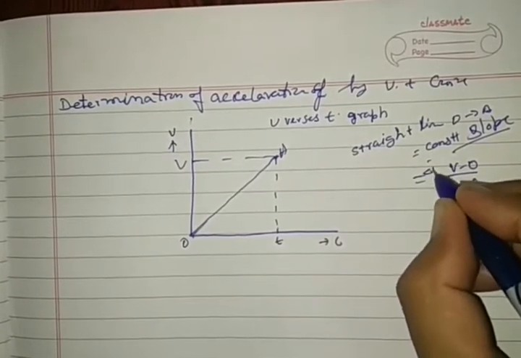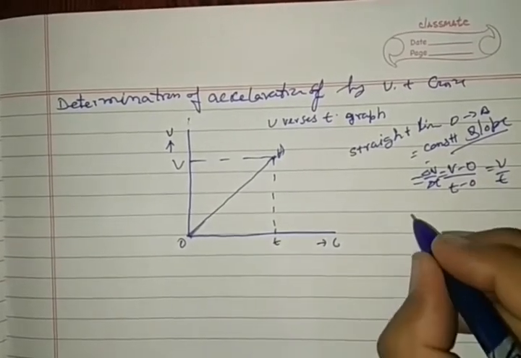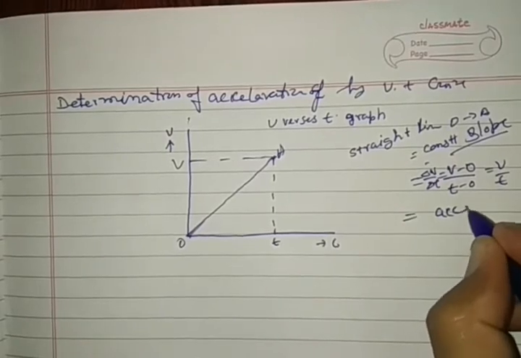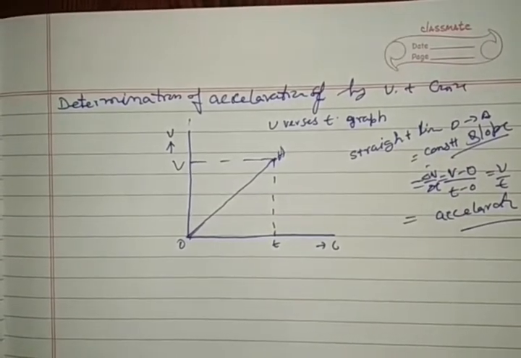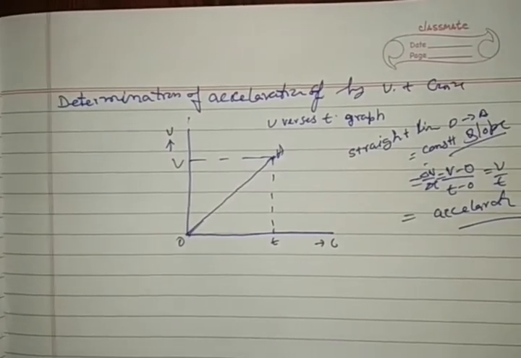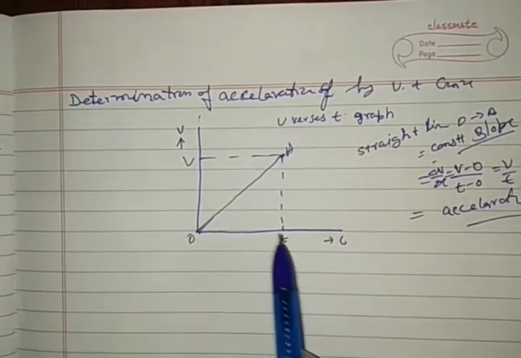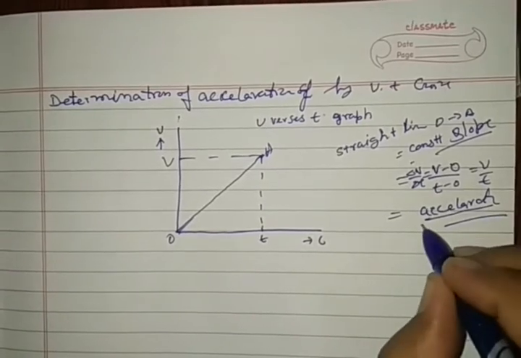We can write delta v by delta t is equal to v by t. It denotes acceleration. In a displacement time graph, the slope determines velocity, and in a velocity time curve, the slope determines acceleration.